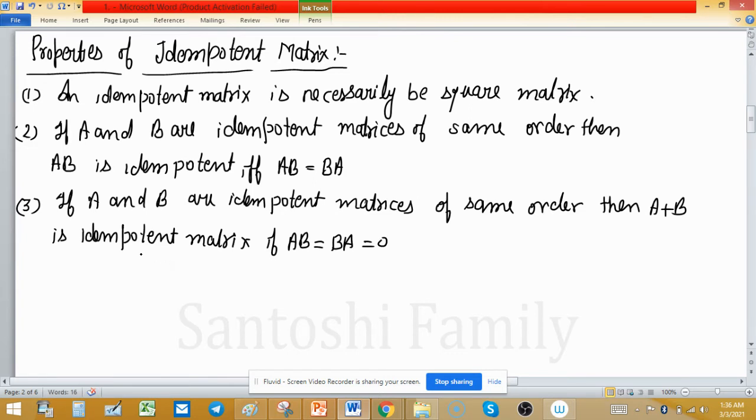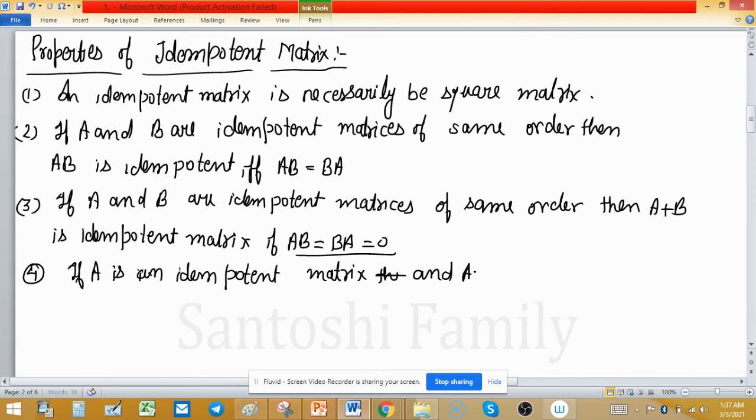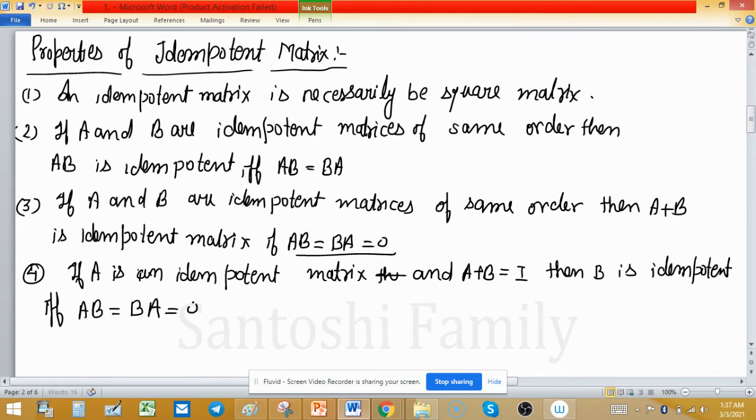The next property is: if A is an idempotent matrix and A plus B equals identity, then B is idempotent, and the same condition holds, meaning the condition of the third property.